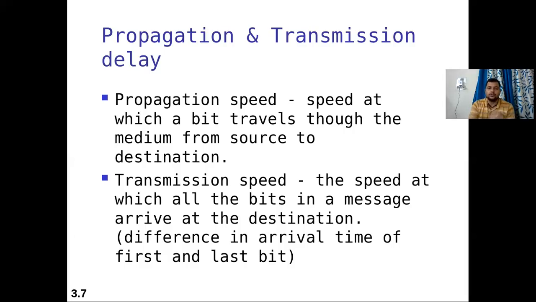Suppose there are 10 bits in one packet, and we have to calculate the transmission delay. First, corresponding to the first bit, your modem would generate a signal and push it over the wire.